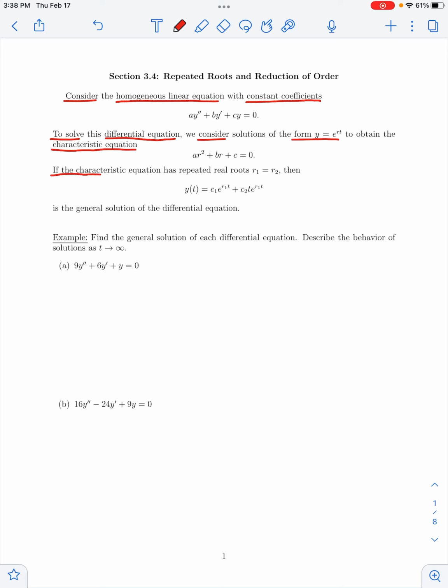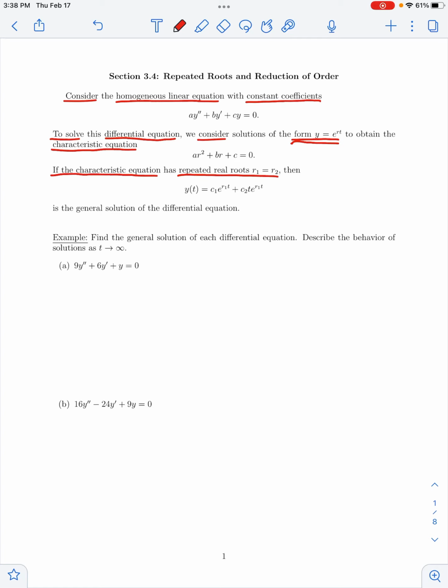So what if this characteristic equation has repeated real roots, let's say r1 and r2, which are the same real number? If we take that r1 value and substitute into the form e to the rt, we get e to the r1 t as one of our solutions.